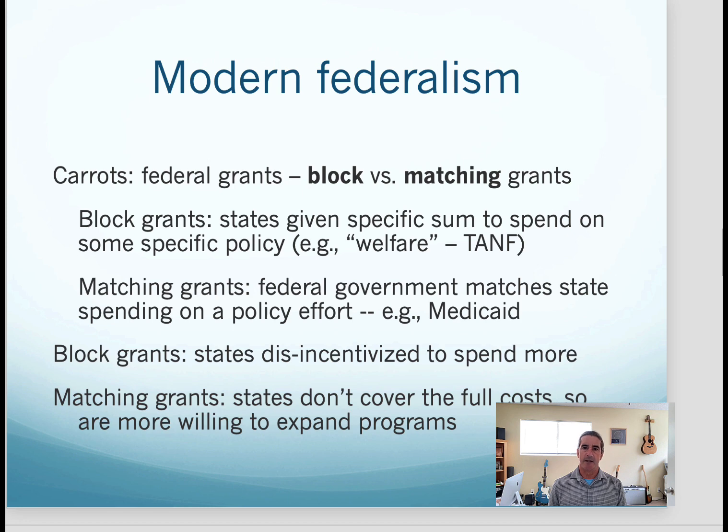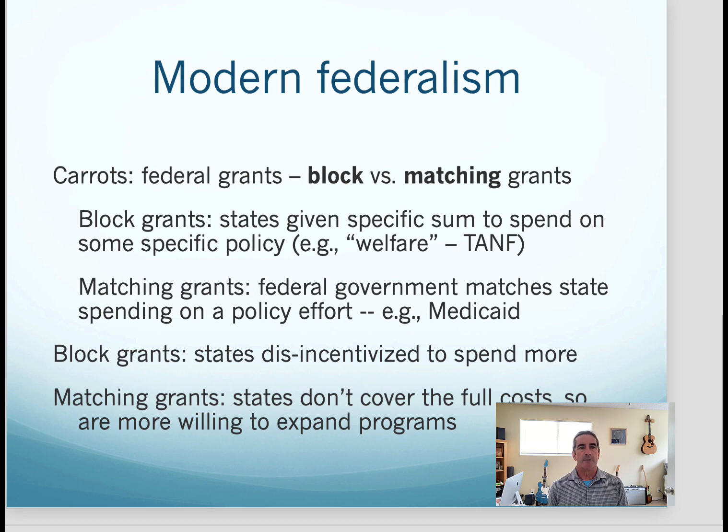Each state is allocated a certain amount of money, and the state spends that money on that program. With matching grants, the federal government matches state spending. So the states spend a certain amount of money on an effort, but the federal government matches it. Sometimes it's 1-to-1, a federal dollar given for every state dollar spent on a program, sometimes as much as 4-to-1 federal to state. Medicaid is an example of a matching grant.